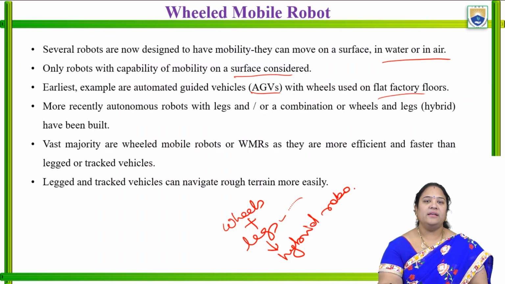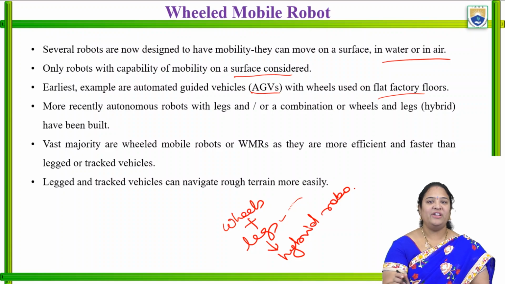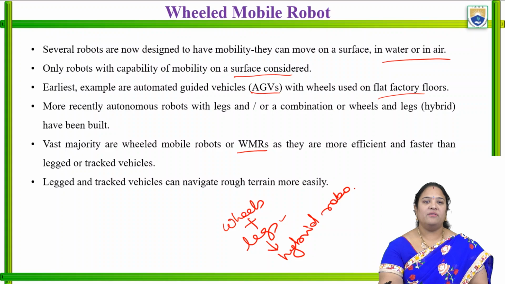Like that, we also have the wheeled mobile robot, which we call WMR. A vast majority of wheeled mobile robots are used because they have more efficiency and can move faster compared to other types of robots.